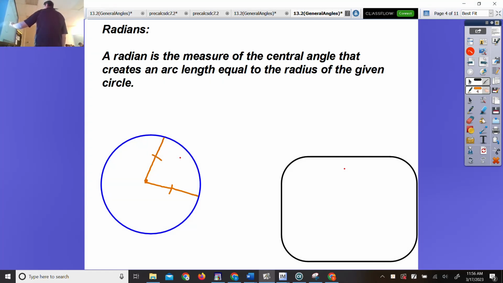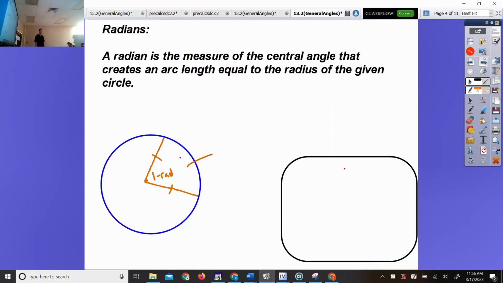And they form a central angle whose measure is 1 radian. Radian abbreviated RAD, rad. And it turns out if that central angle is 1 radian, and my diagram doesn't do it this justice, but that arc is the same length as the radii of the circle. That's what a radian is.